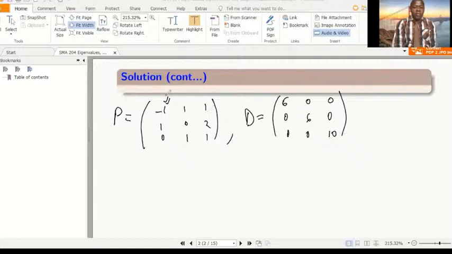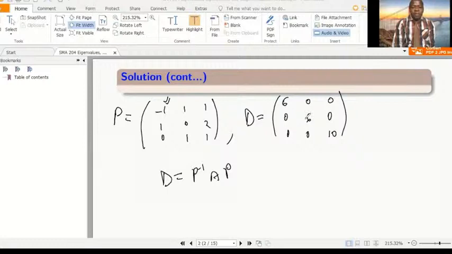If I would have begun with 1, 2, 1, then this 10 would have come first. That is the only condition. And we've answered that question: it wanted us to find P and D, so that D is the same as P inverse A P. At your own time, try to find P inverse and see whether this product will give us this.